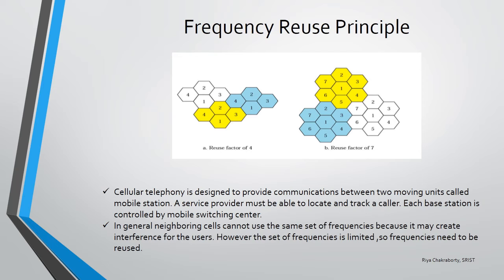We call these the reusing cells. Here in this diagram, 4 is repeated, 3 is repeated. So, in this pattern, the reuse factor is 4, and here the reuse factor is 7.